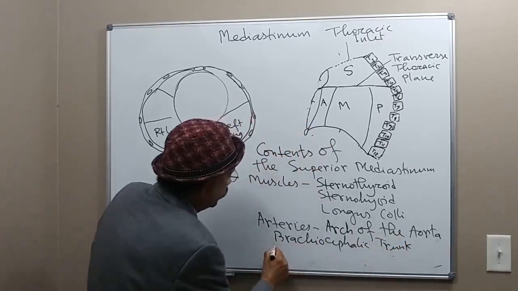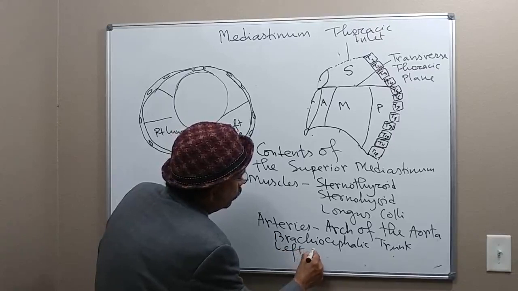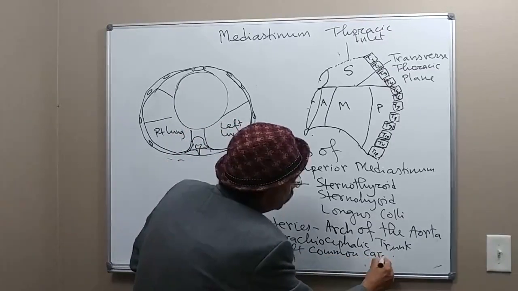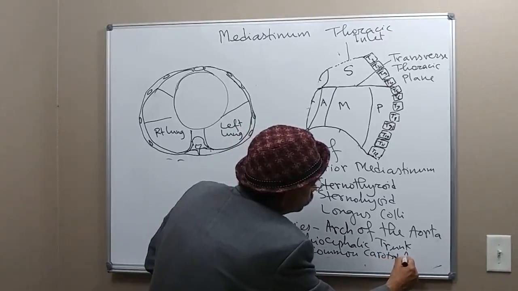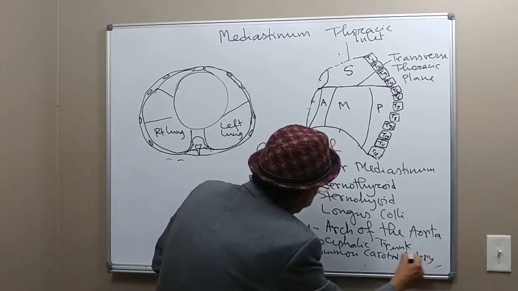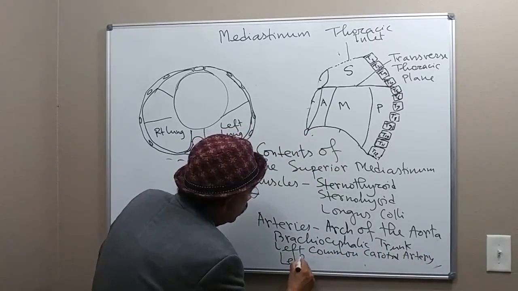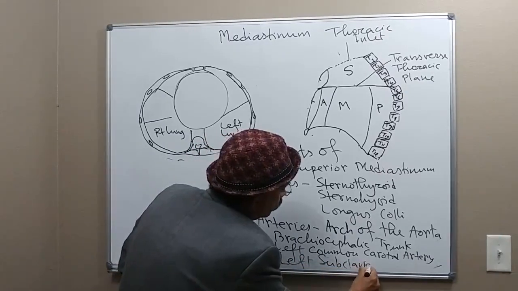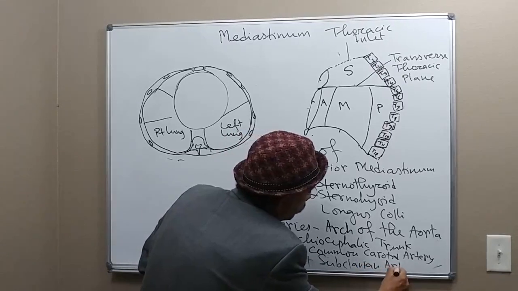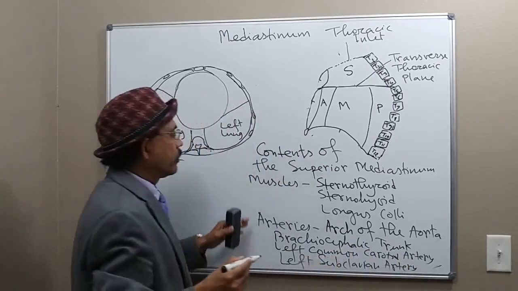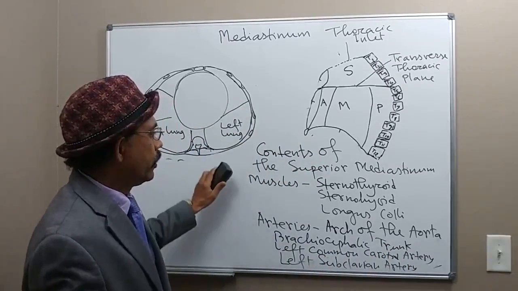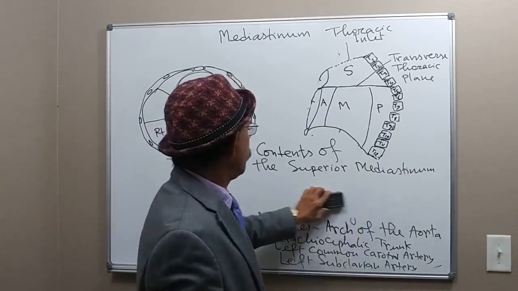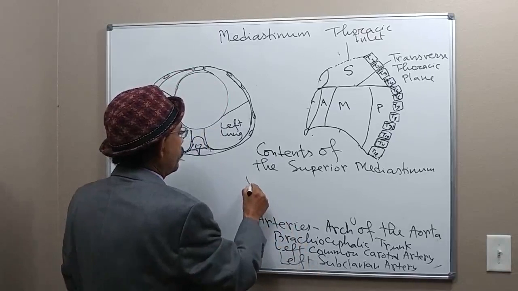We have the left common carotid artery. We have the left subclavian artery. Okay, we got muscles, we got arteries. Now we'll get the veins.